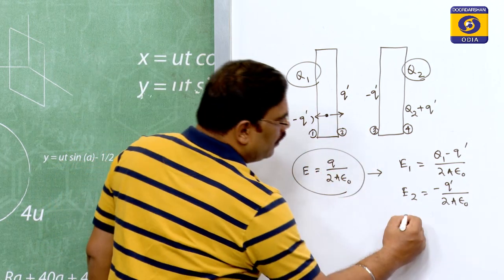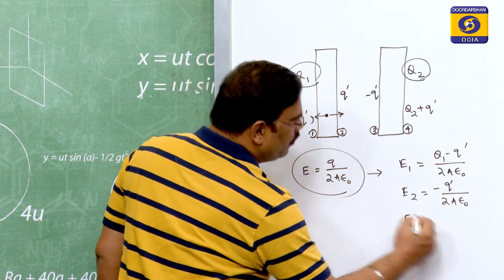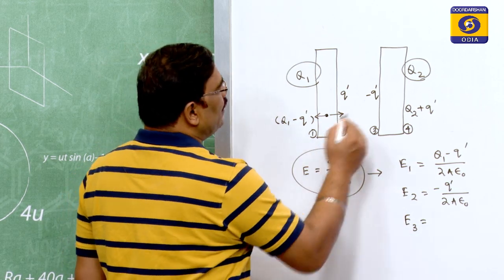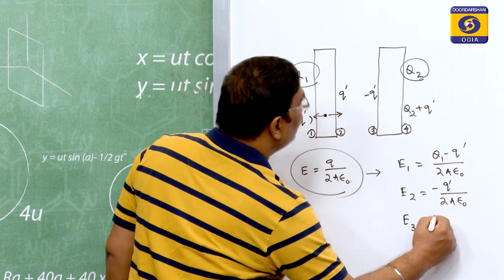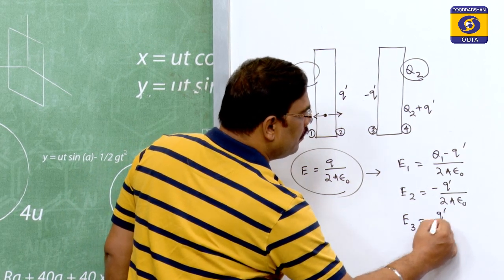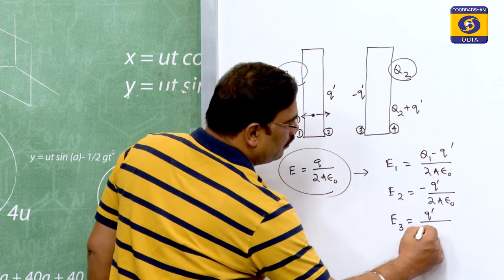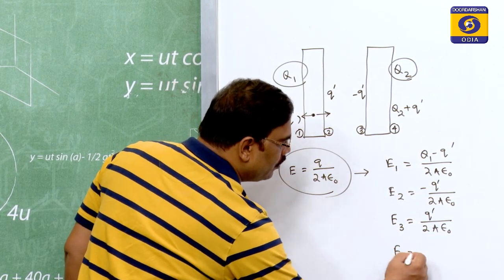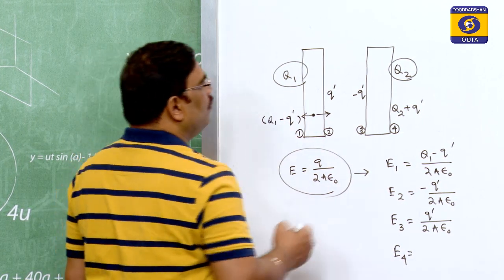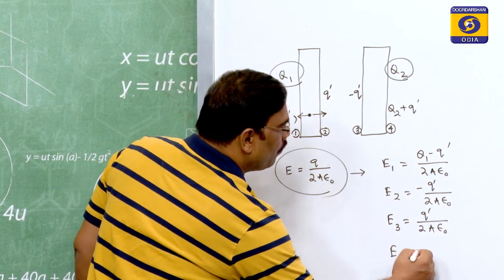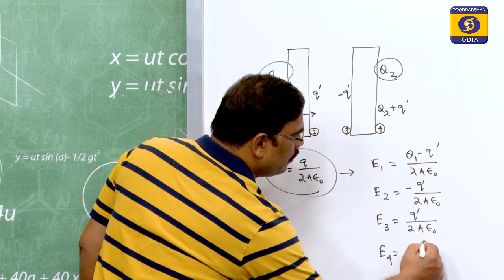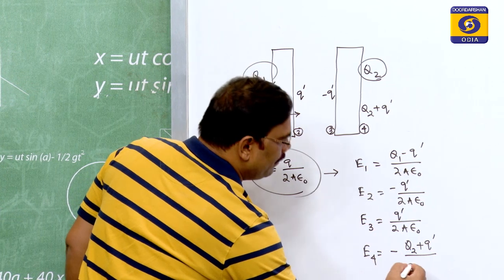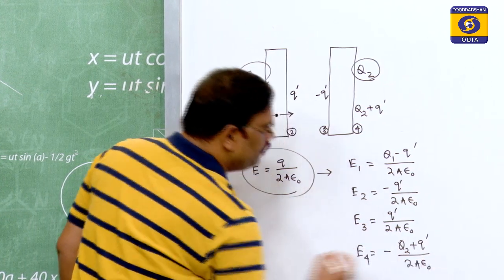Similarly, E3, the electric field due to the third face, will be q dash divided by 2a epsilon naught, and the electric field due to the fourth face will be minus q2 plus q dash divided by 2a epsilon naught.